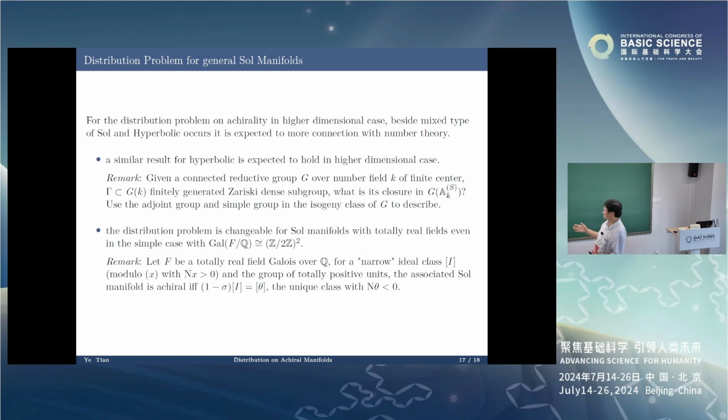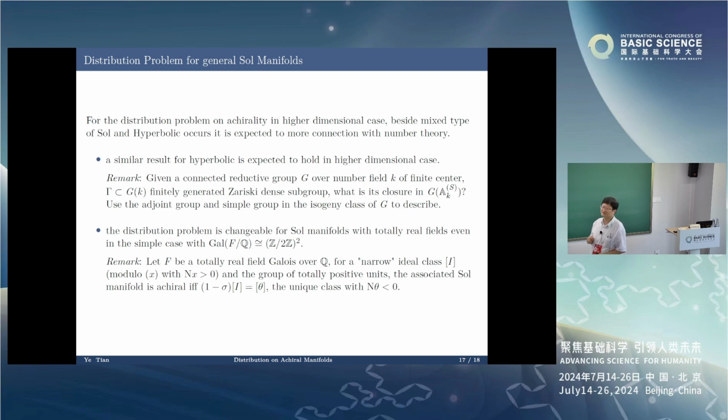And again, the spatial corresponding to it has a negative norm unit. So you can ask the same question: among this achiral property, how are the totally real fields with a unit of norm -1 distributed?